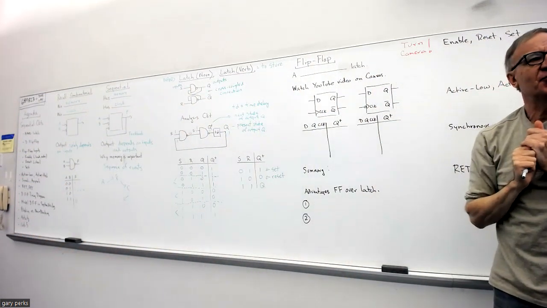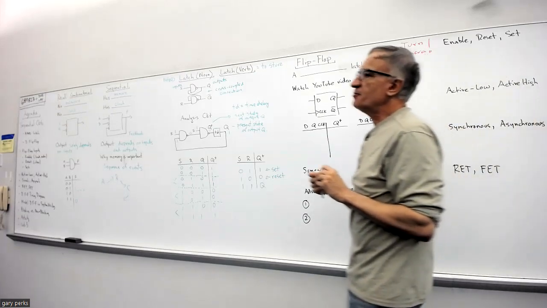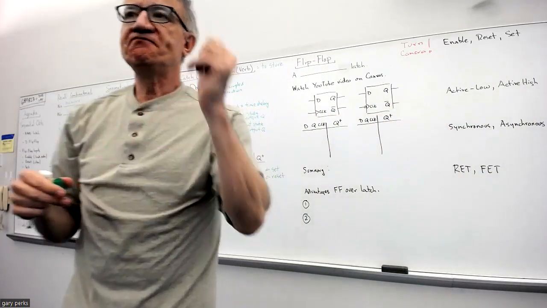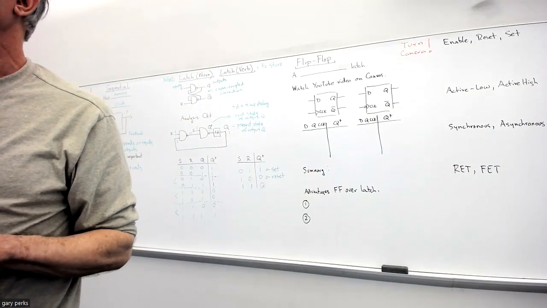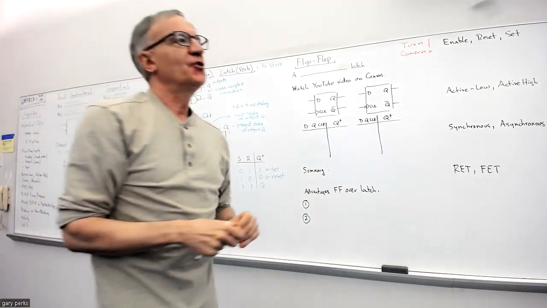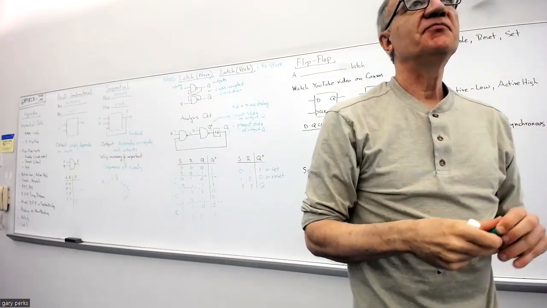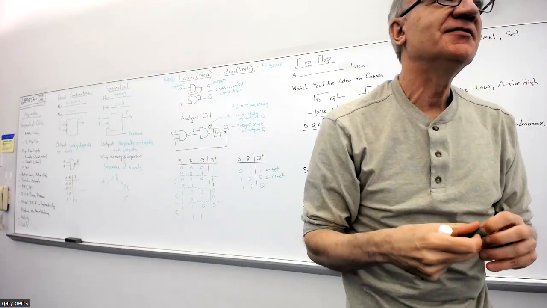Any other questions before we do the top row? Then they have to set the value for it to start working? Oh, I see what you're saying. Well, remember, these outputs are going to have some value when you first turn it on, power it up. It's either gonna be a 0 or a 1.